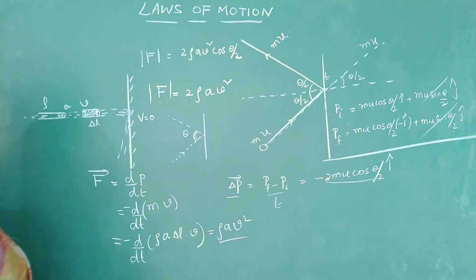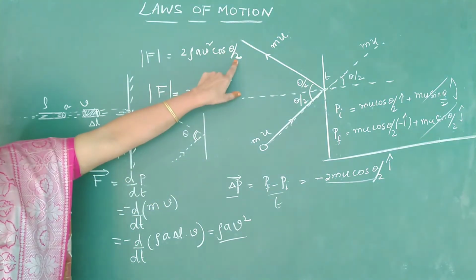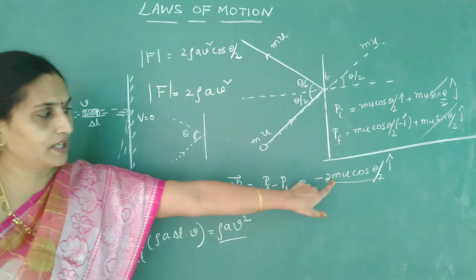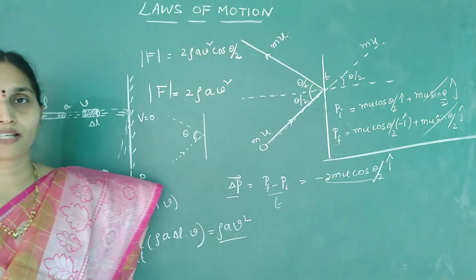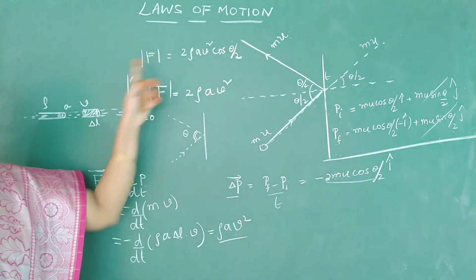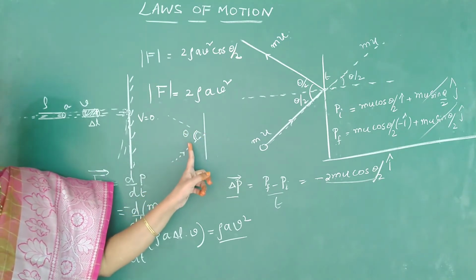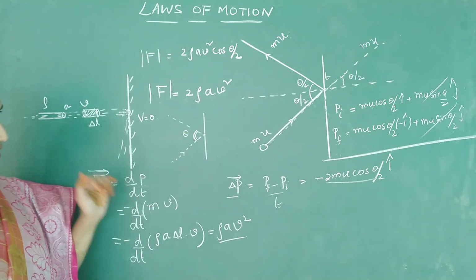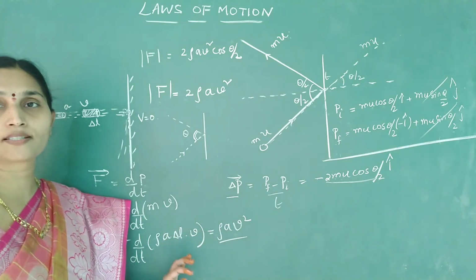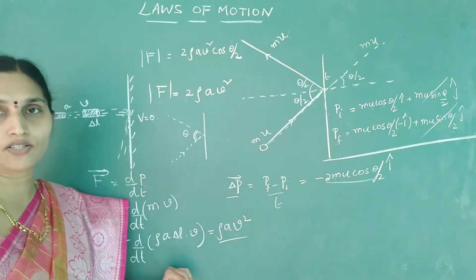The whole angle of deflection is theta, so here you will get theta by 2, because change in momentum you will get 2 mu cos theta divided by 2. So this will be the force if water hits the wall and gets deflected through an angle theta. These are one set of questions related to calculation of change in momentum.